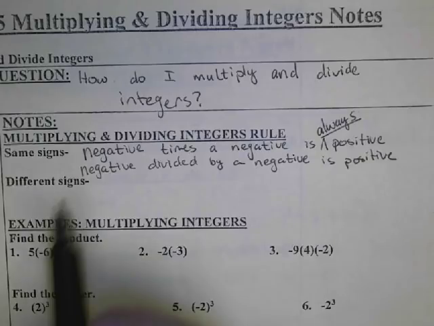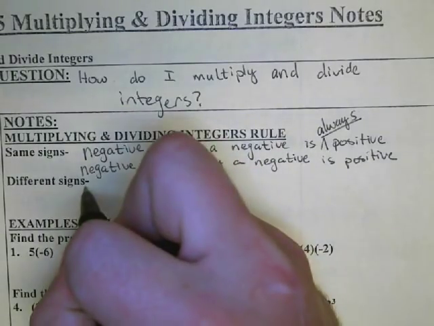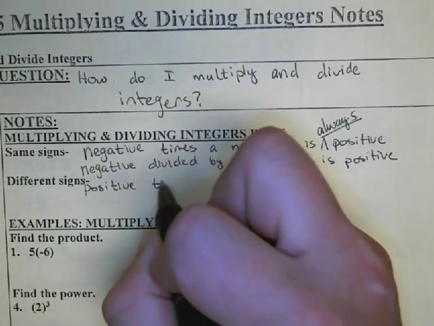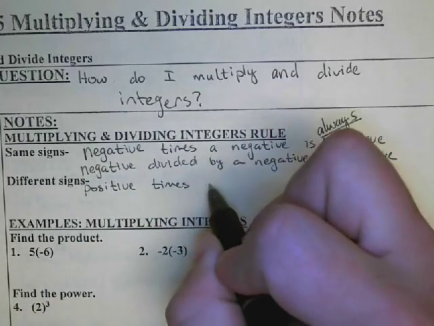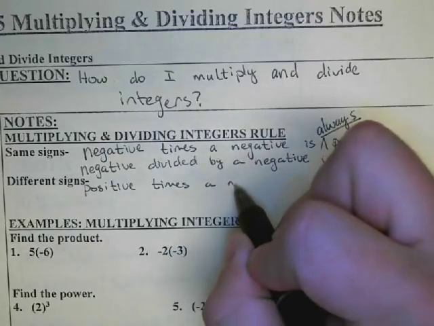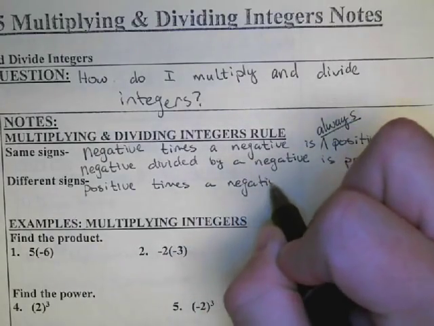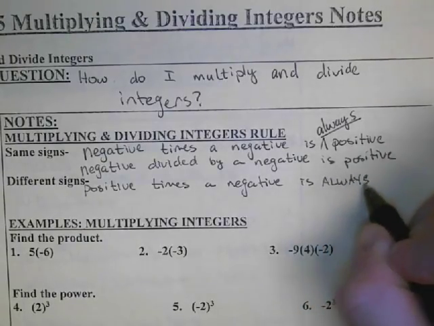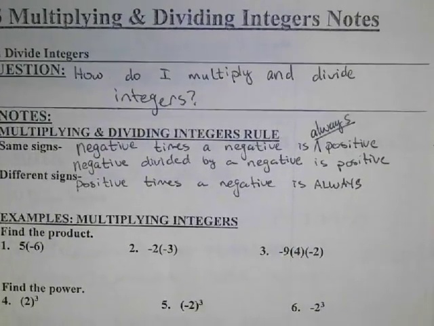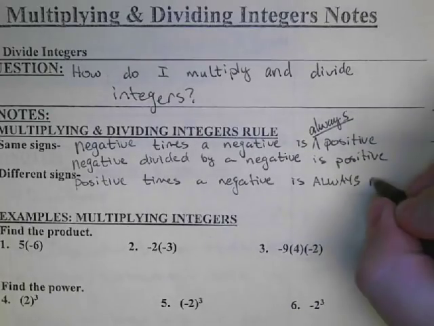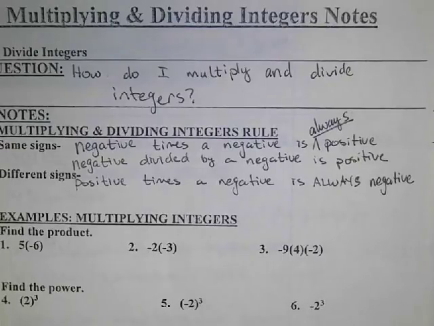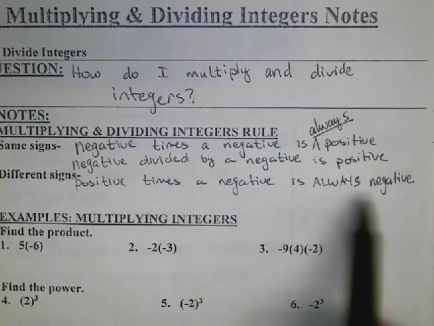And when we have different signs, we can say positive times a negative is always negative. And this statement right here is the same for division.